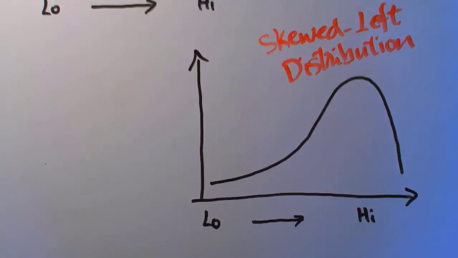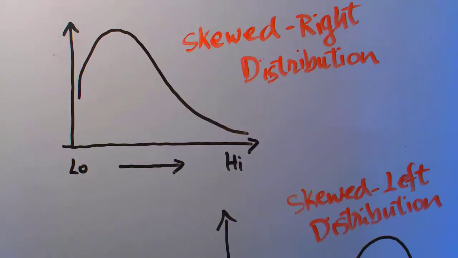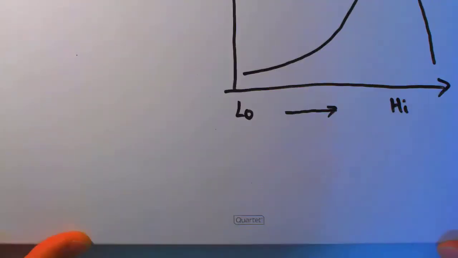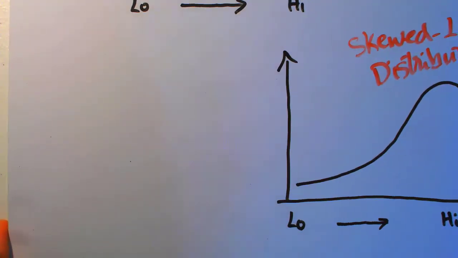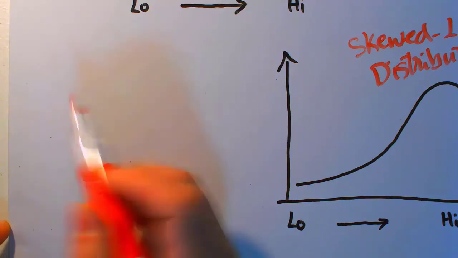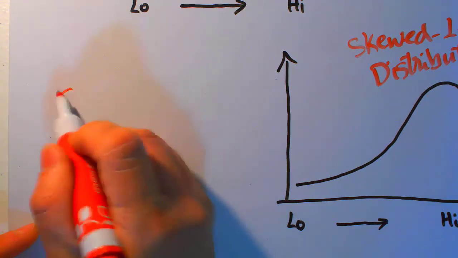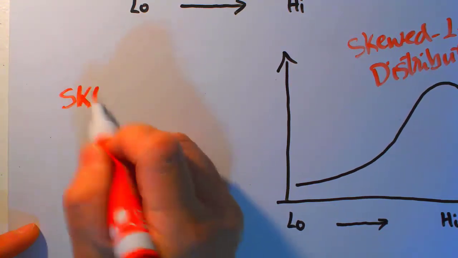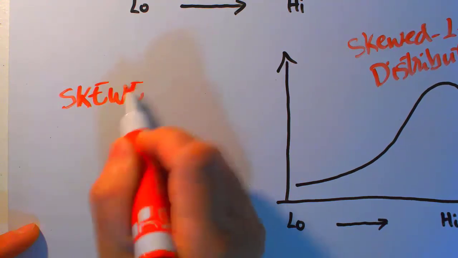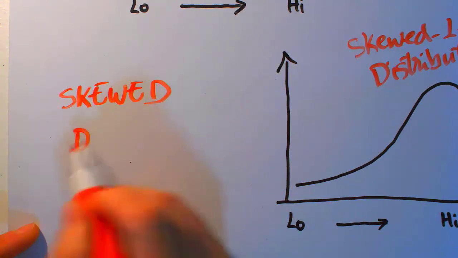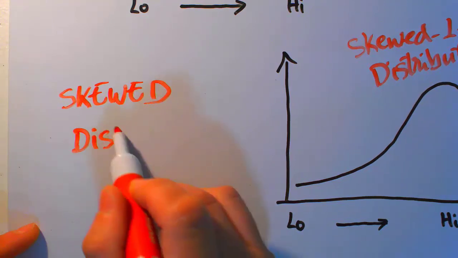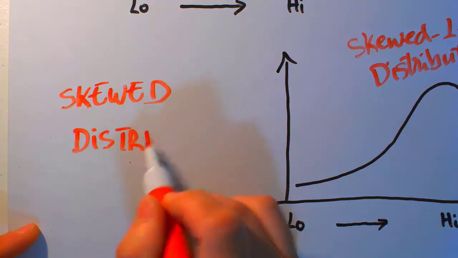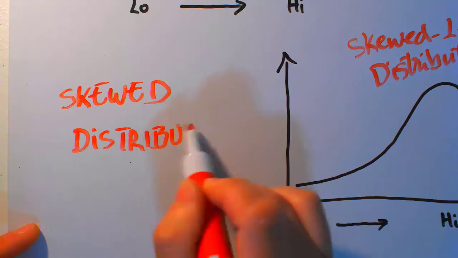But either skewed left or skewed right, they both belong to one family, and that's not only my term; everybody uses it. These two shapes are in a bigger family that we call the skewed distribution. A shape that has a long tail extending to one side is called a skewed distribution.